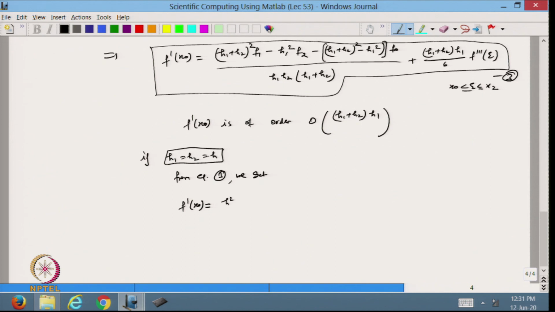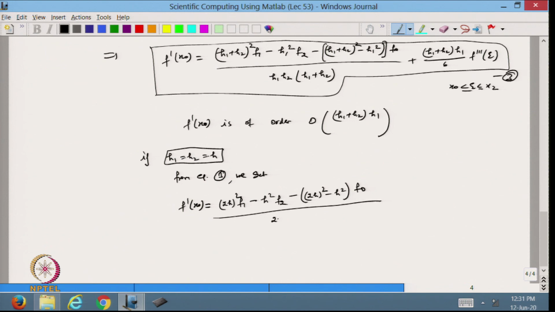So this will be h square f1 minus h square f2 minus, so this will be h and h, 2h square, minus h square f0, divided by, now here it is h, so it is 2h.